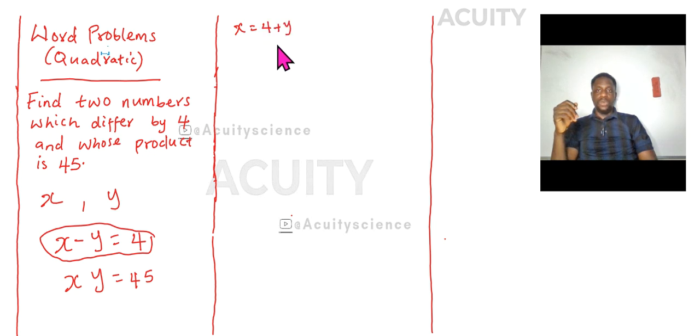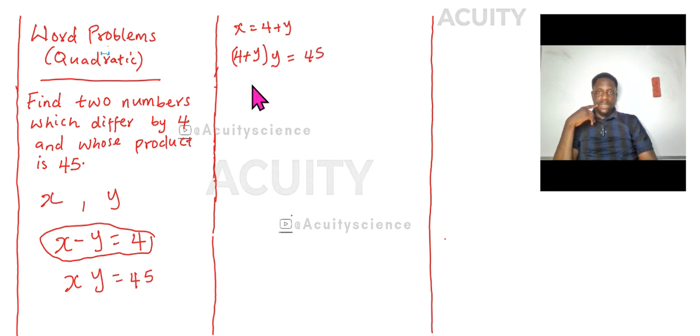Now I'll put 4 plus y in place of x in the second equation. That's what substitution is about when you study simultaneous equations. So 4 plus y, I put that in a bracket. I have written x. Now I will write y. Now I'll write the equal sign, then I'll write 45.